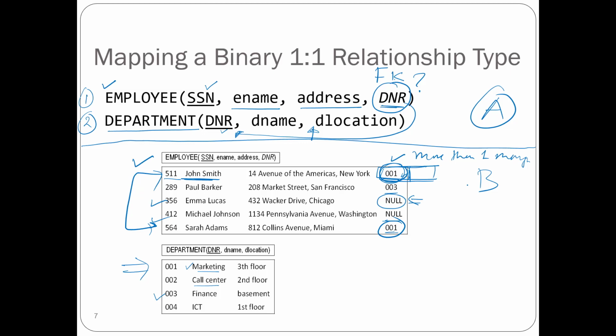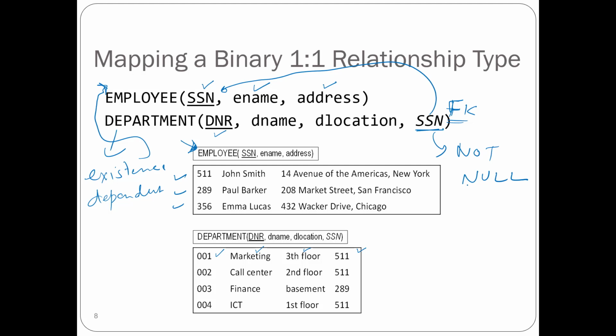But when you put the social security number as the foreign key in the department, we can't have this null because department is existence dependent. So for that reason, every department will have one and only one manager.